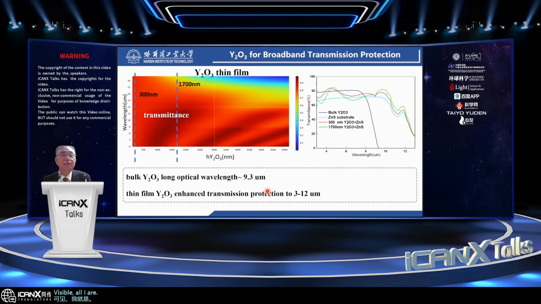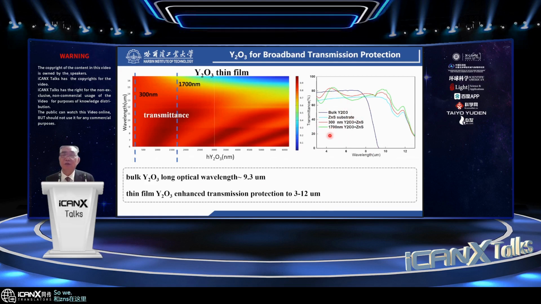Now take a look at yttrium oxide thin film. For this, within this transmittance region, which has much better transparency, transmittance than this area. Now take a look at here. This is the one for bulk yttrium oxide, and ZnS is here.